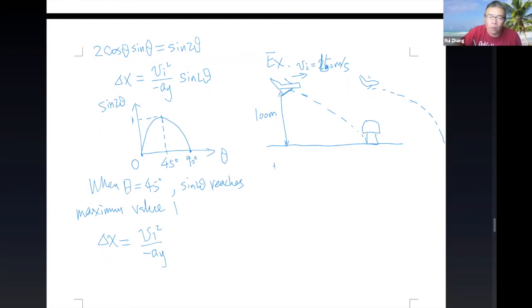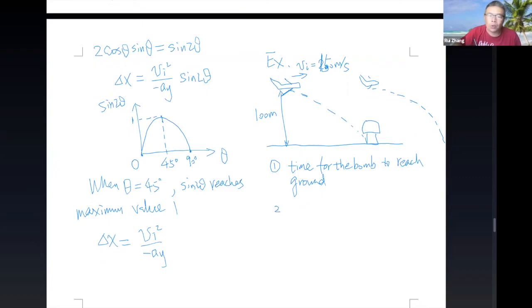Question one: how long does it take for the bomb to reach the ground? Time for the bomb to reach the ground.